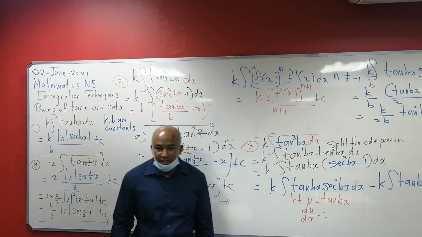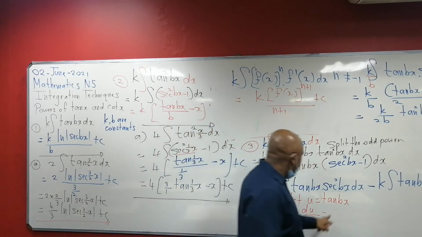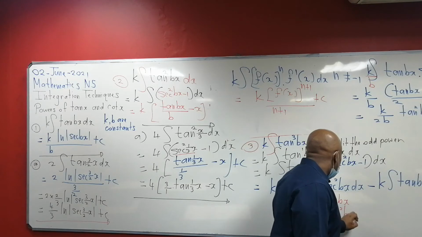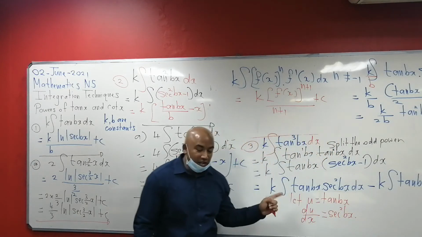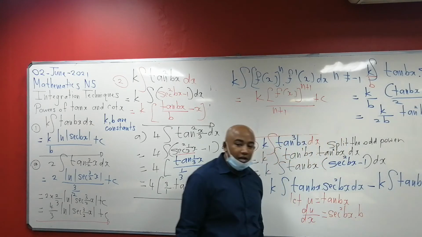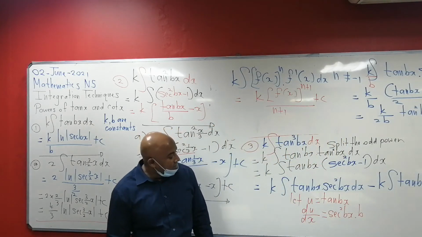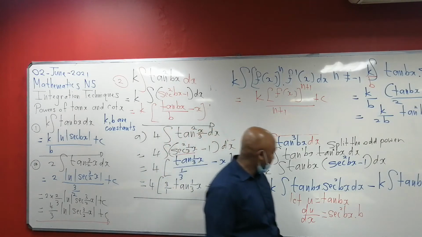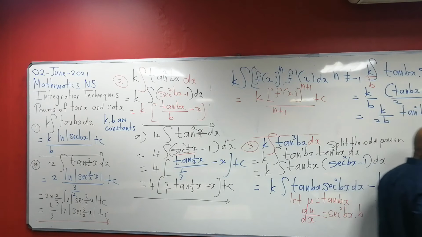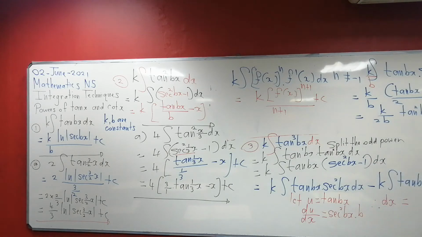What is the derivative of tan bx? We just did it there. The derivative of tan bx is going to be sec squared bx times the derivative of bx, which is b. Now I will make dx the subject of the formula. So therefore, dx is going to equal du divided by b sec squared bx.